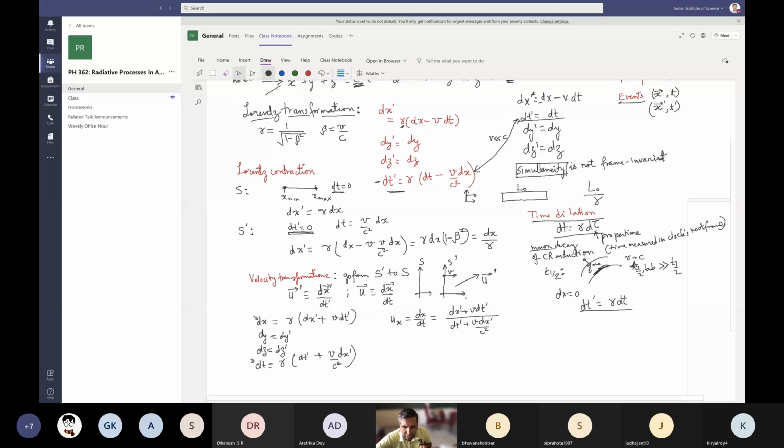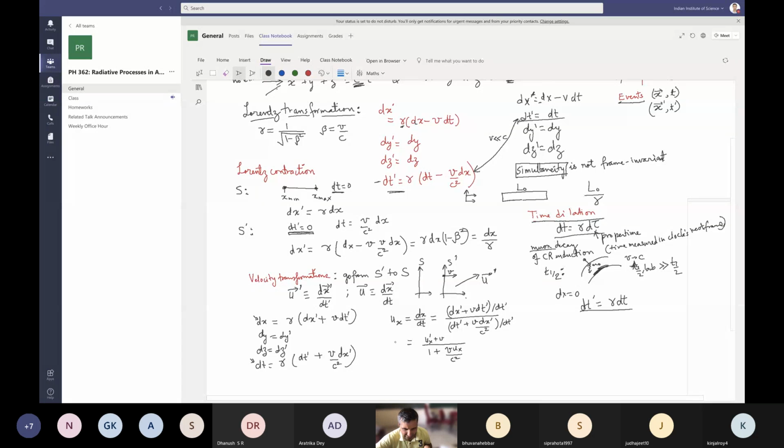So we can actually, and this is nothing but, let's just divide dx prime by dt prime. So this is dx prime by dt prime, so this is ux prime plus v. All I'm doing is dividing by dt prime, and I'm also dividing this by dt prime. So what do we get? We get ux equals ux prime plus v divided by 1 plus v ux prime by c squared.